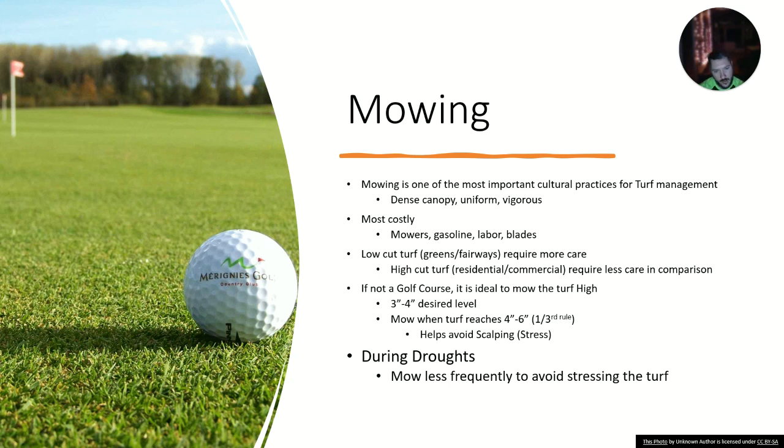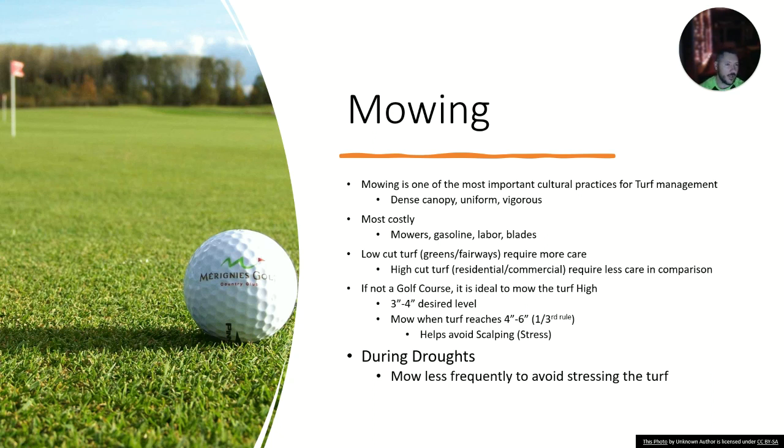Low cut turf, like greens and fairways, require more care, which makes sense, right? They're more susceptible to weed seeds germinating, possibly some disease occurring, things like that. High cut turf, like a residential or commercial location, it's going to require less care, right?